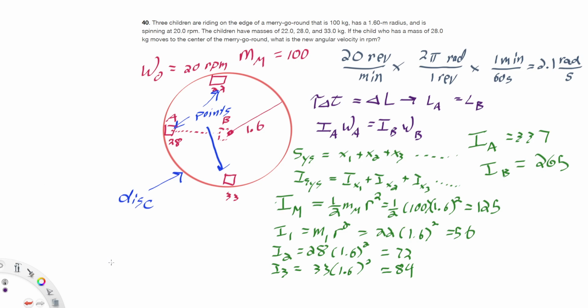And now we come back to finish this problem off. The angular speed after the kid crawls to the middle is equal to I_A omega_A over I_B. 337 was 125 plus 56 plus 72 plus 84.